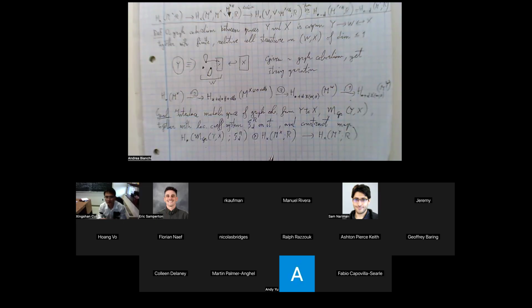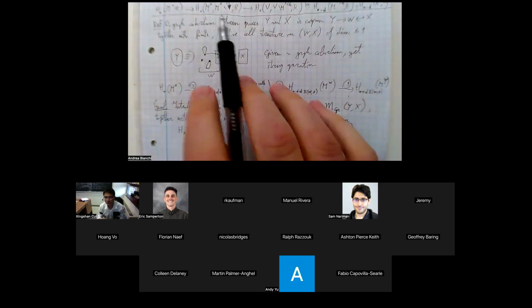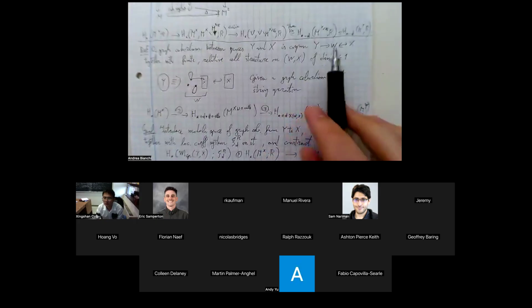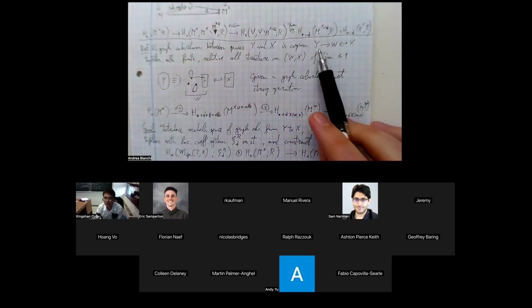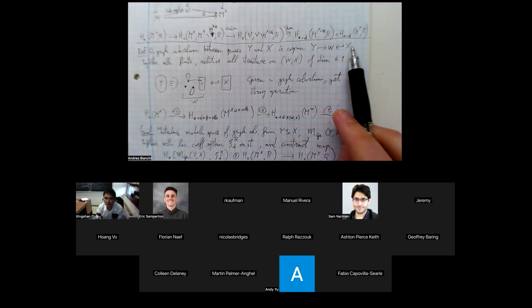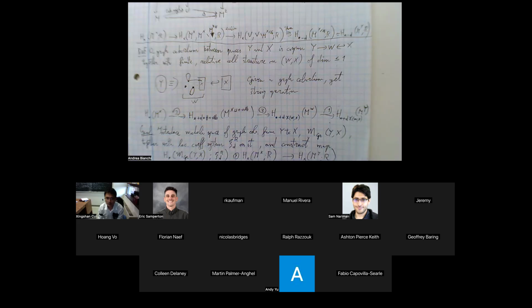Okay, so this is one goal, but we can be more ambitious, and we can notice that graph cobordisms should have a composition. So if you have a cospan in which W is obtained from X by attaching some 0, 1 cells, and then Y maps to it. Let me write notice.